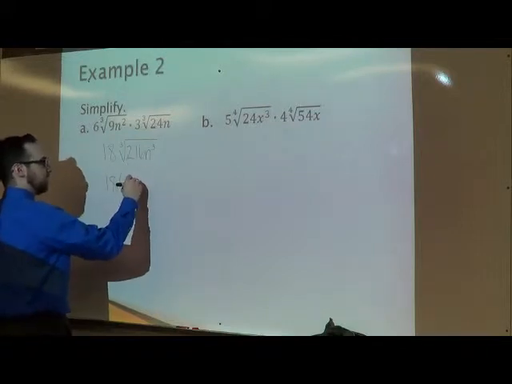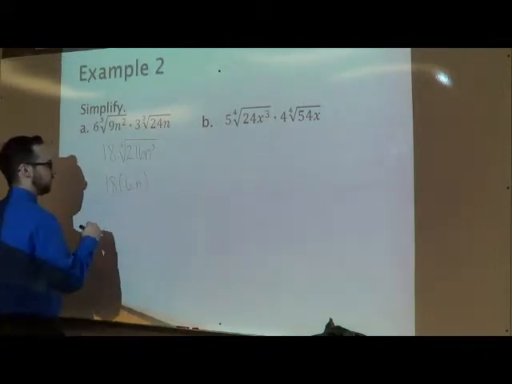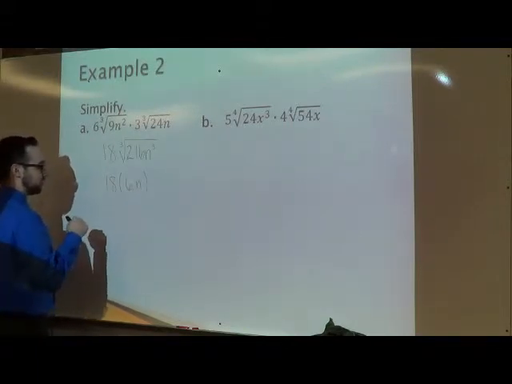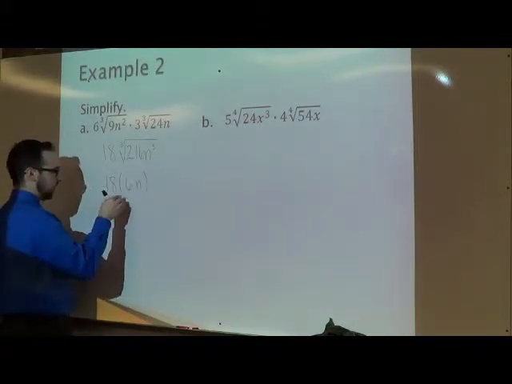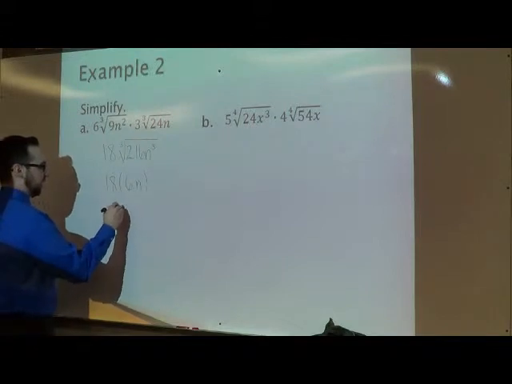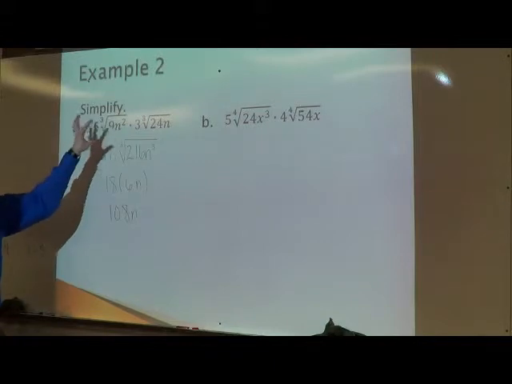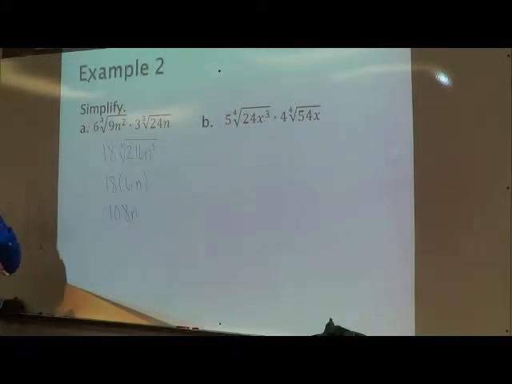The cube root of n cubed is n. So then we do 18 times 6, which gives us 108n. So we are able to actually simplify those down to just this because we combined the two things there.